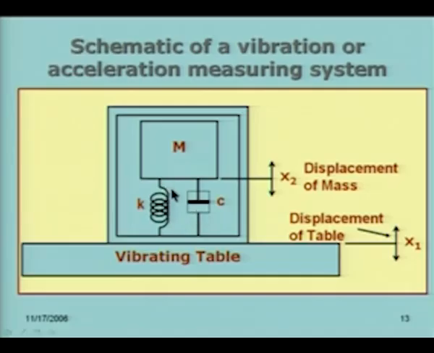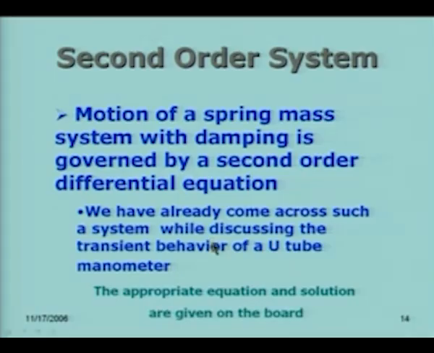So, if you recognize that, you will be immediately able to write the appropriate equation, and we can show that the motion of a spring mass system with damping is governed by a second order differential equation, because the acceleration of the mass is going to give rise to a force, and this force is now shared between the spring and the damper.